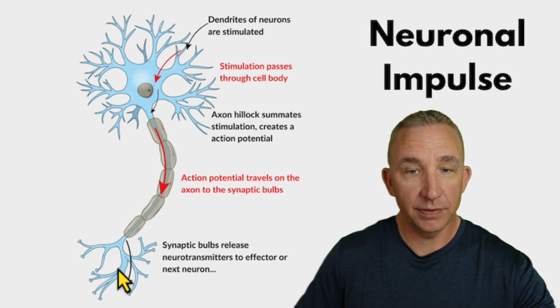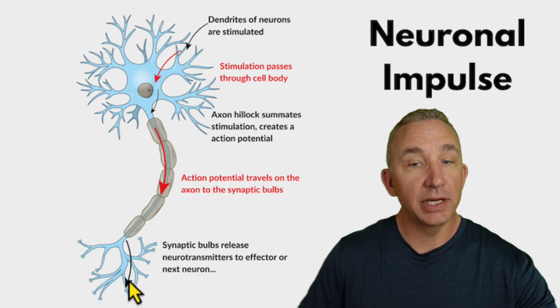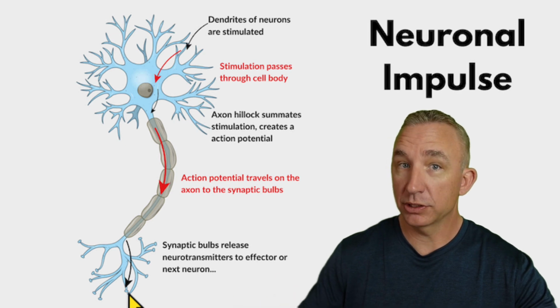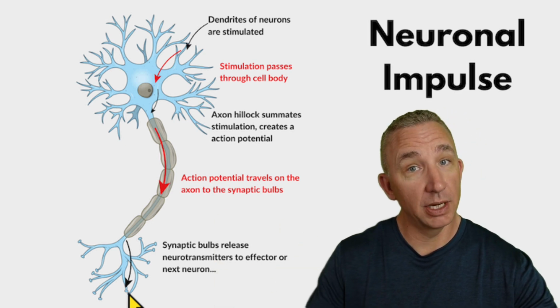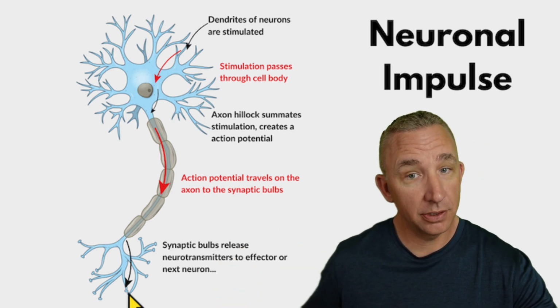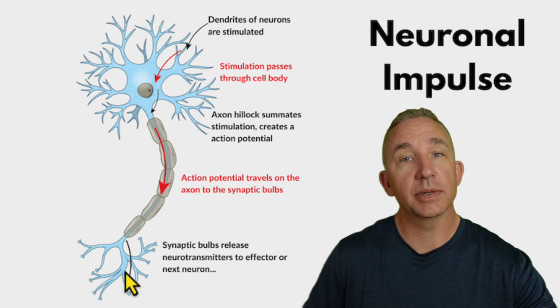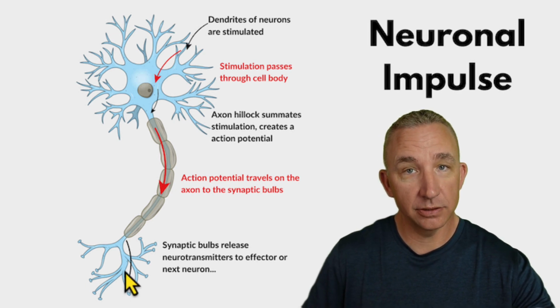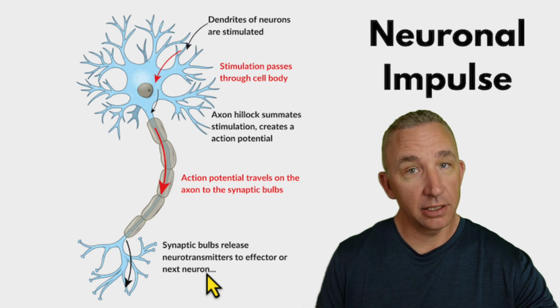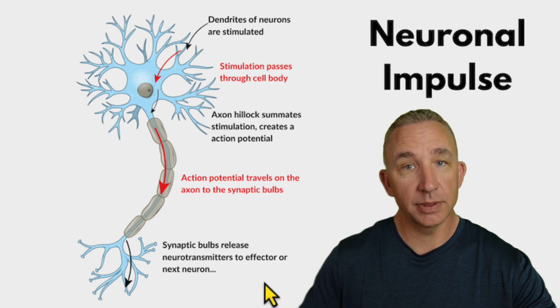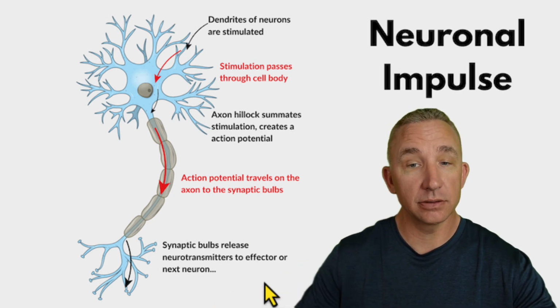There are different names for the ends of the neurons. Then we continue that and push it to either the effector, a muscle or gland, or maybe to another neuron. And then we stimulate the next one moving forward. When we talk about the sliding filament theory for muscles, we're using acetylcholine as that neurotransmitter to release into the muscle cells.